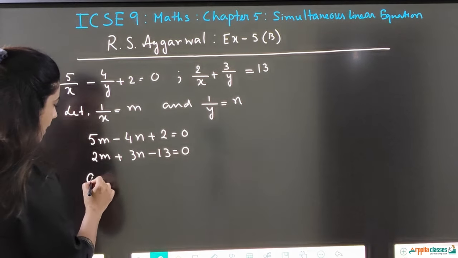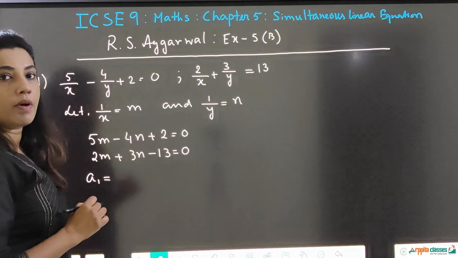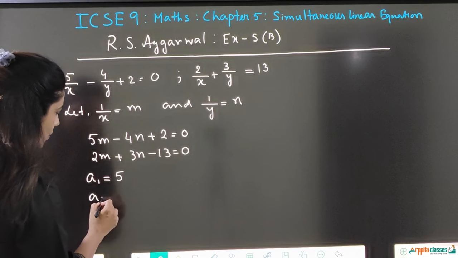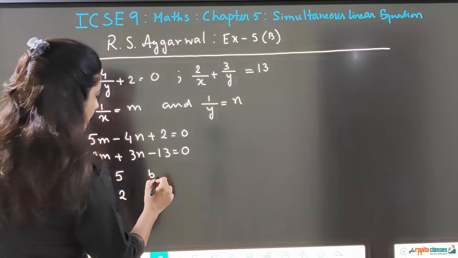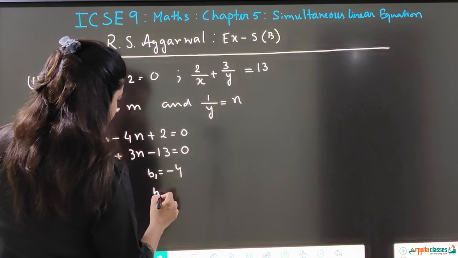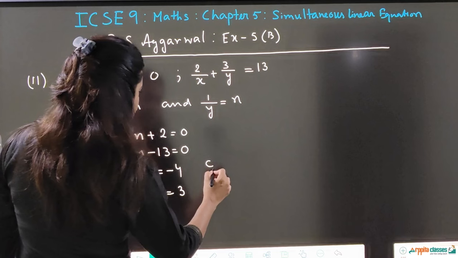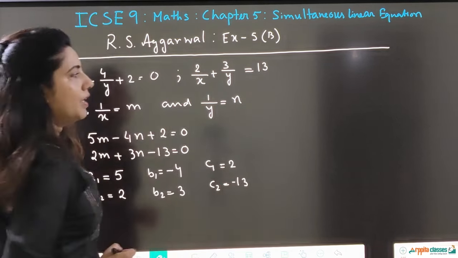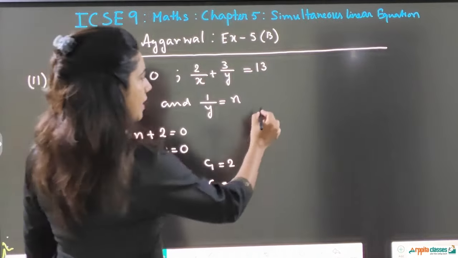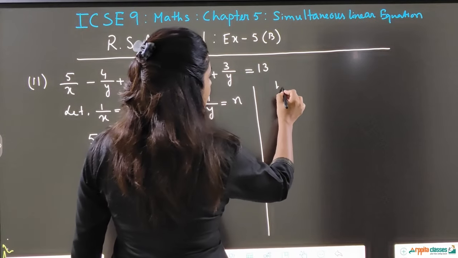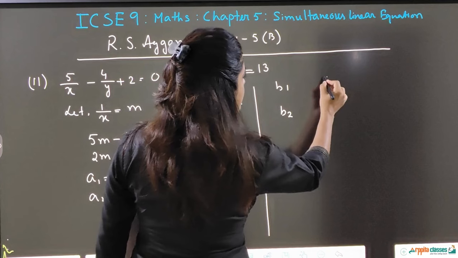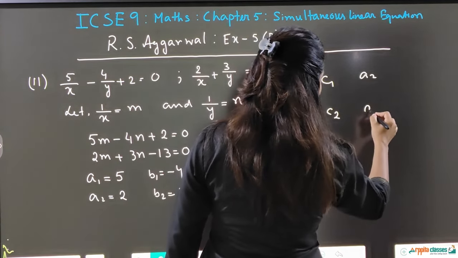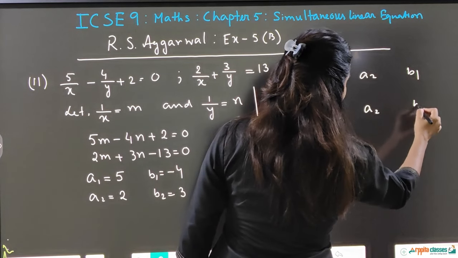So these are my two equations. Now I'll quickly find out my A1, A2, B1, B2, C1, C2. So A1 is 5, A2 is 2, B1 is minus 4, B2 is 3, C1 is 2 and C2 is minus 13. So now I'll start writing from B1, B2, B1, B2, then C1, C2, then A1, A2, and then again B1, B2.